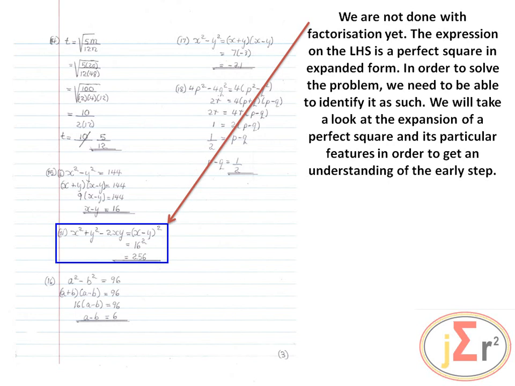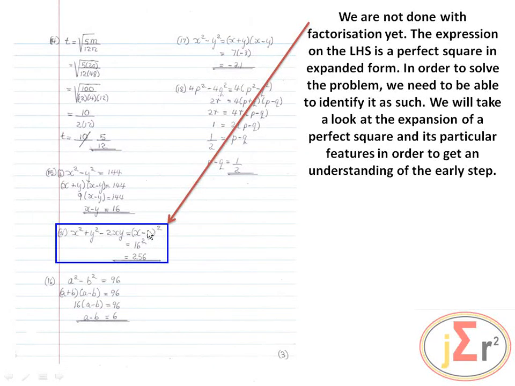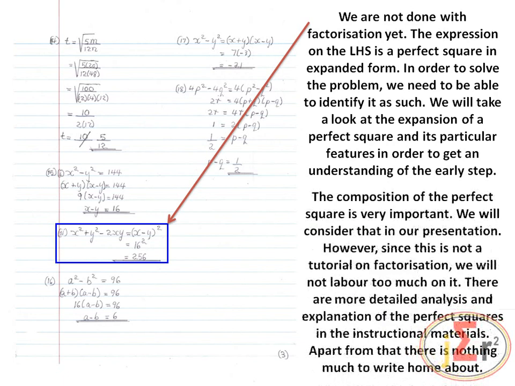We will take a look at the expansion of the perfect square and its particular features in order to get an understanding of the early step, which is the step of writing this expression in the form of a square. We need to take a look at how we may achieve that, or a reason why we might be able to do that.